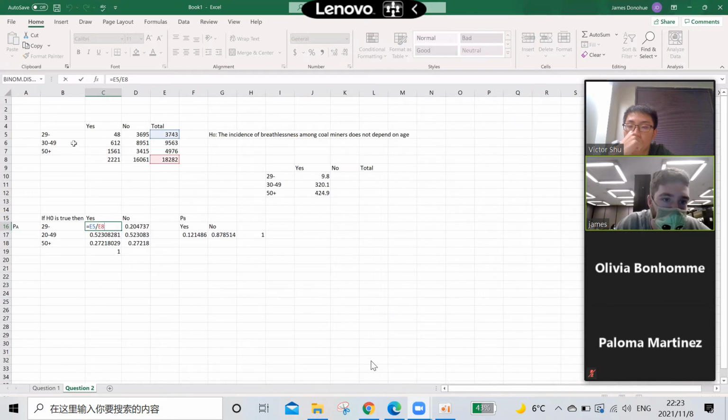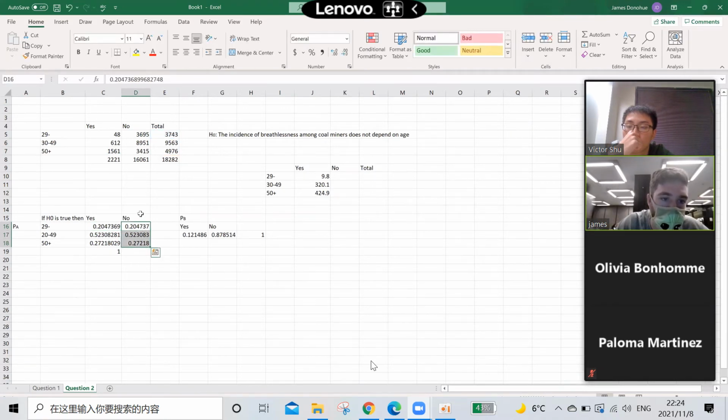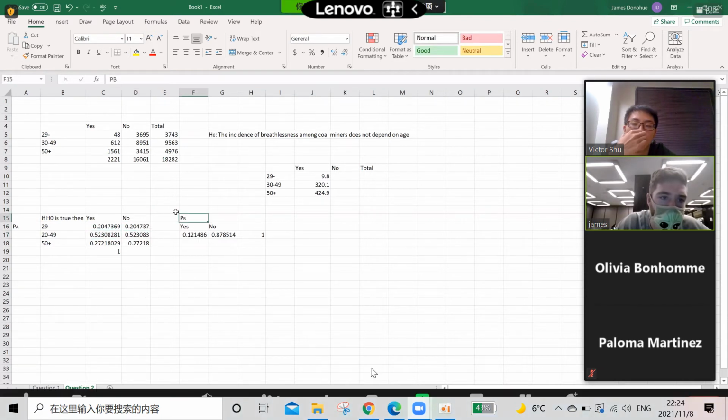And so I took the total number of under 29s and divided by the total number of people. Right, so I got these, but for the nose, I don't understand why. I did the same equation here, but then you were talking about PB and how it's these totals.